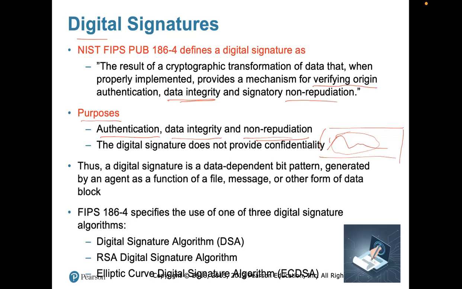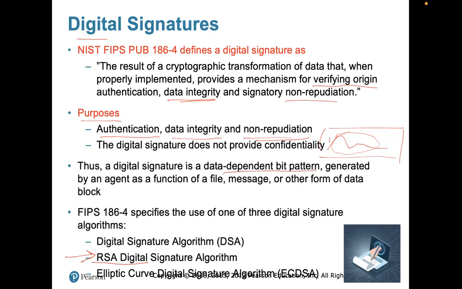So what are digital signatures? The name might be somewhat confusing, but at the end of the day, they are data-dependent patterns of data which are generated using some function. We will be talking about them. For example, today we will be talking about one type of digital signature, which is generated based on the RSA algorithm.